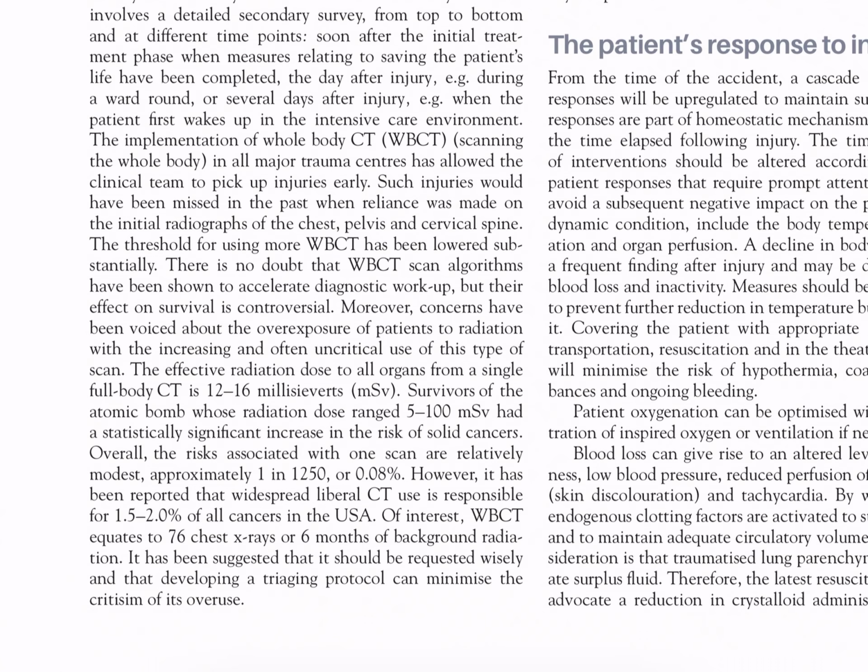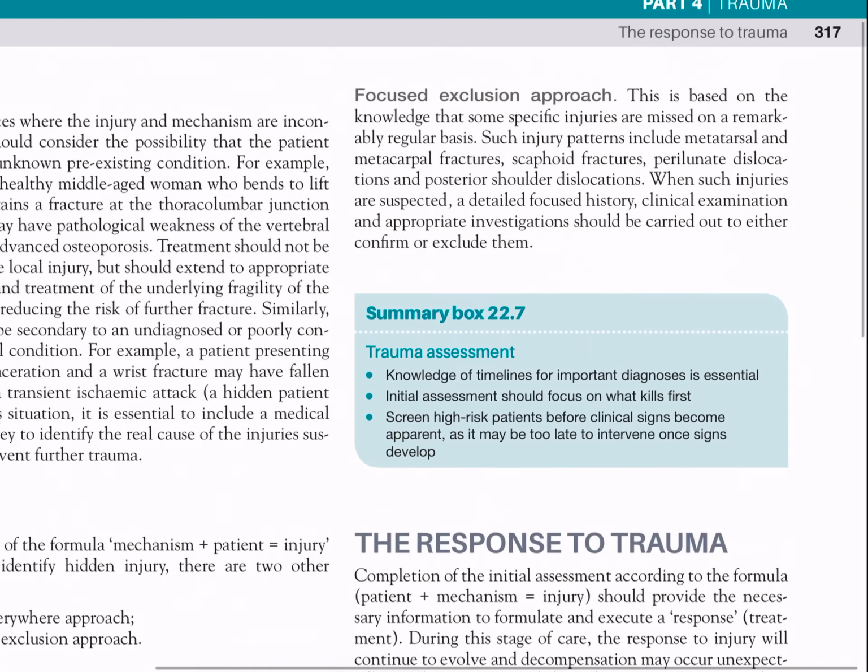However, it has been reported that widespread liberal CT use is responsible for 1.5 to 2% of all cancers in the USA. Of interest, WBCT equates to 76 chest X-rays or 6 months of background radiation. It has been suggested that it should be requested wisely and that developing a triaging protocol can minimize the criticism of its overuse.